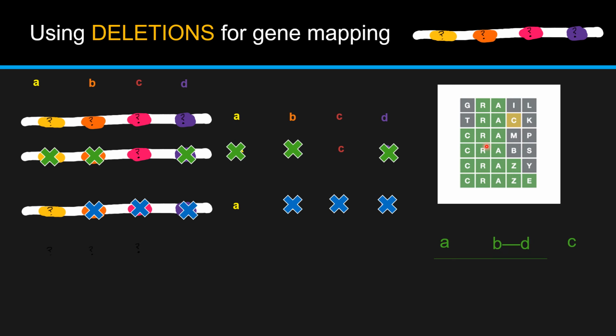So the answer here will be that B and D will be together while A and C are in the extremes. And for the second deletion, A is in one of the extremes, B and D are here in the middle, and C is in the extreme.